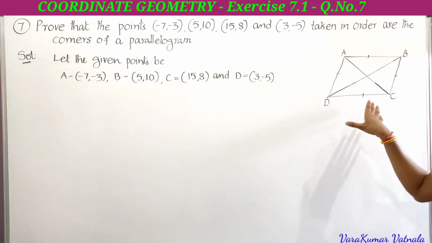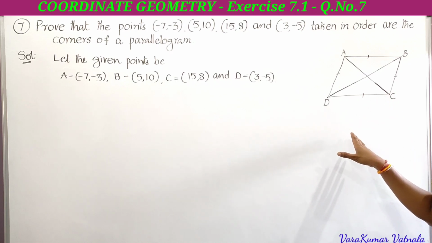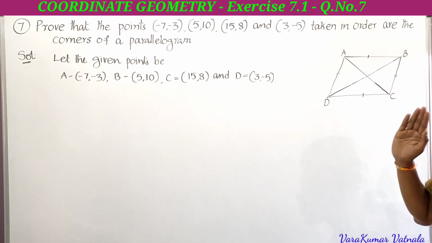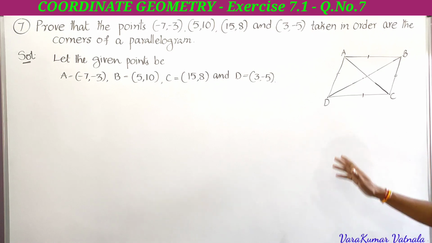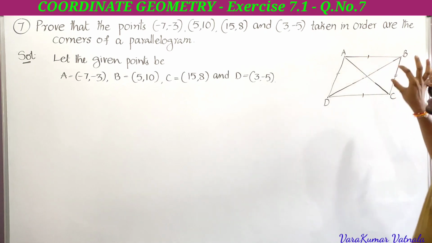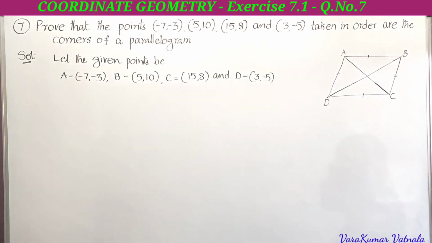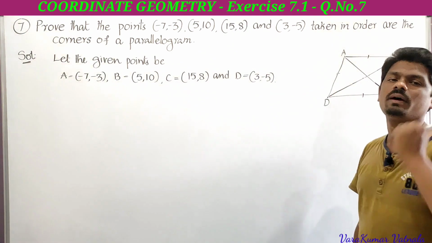In the parallelogram the diagonals are not equal, whereas in the rectangle the diagonals are equal. So here we have to show that the lengths of opposite sides are equal and the diagonals are not equal. Then we can decide that the given 4 points are the corners of a parallelogram.